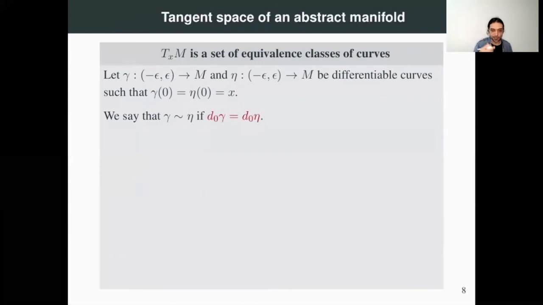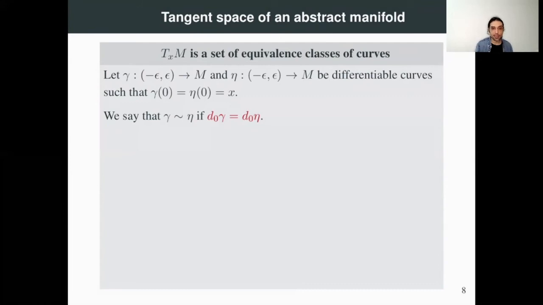Okay, let's try to develop this idea. Now we consider two differentiable curves, two maps from minus epsilon, epsilon to M, such that the value at 0 is equal to x. And we say that they're equivalent if the differential of gamma and eta at 0 is the same.